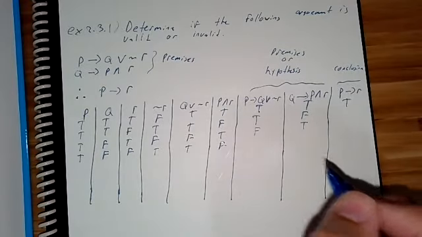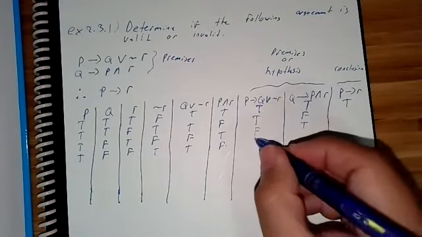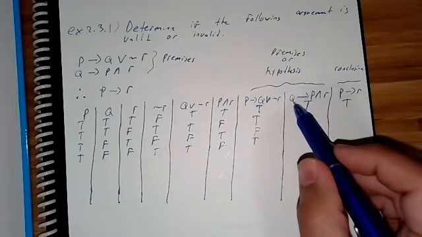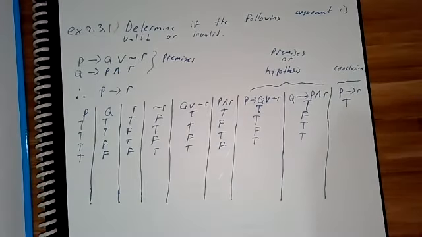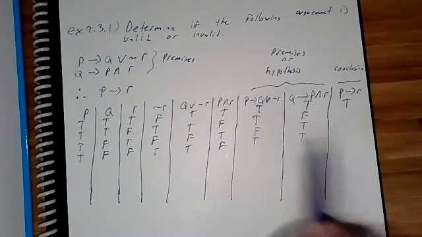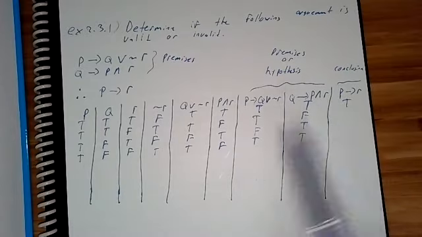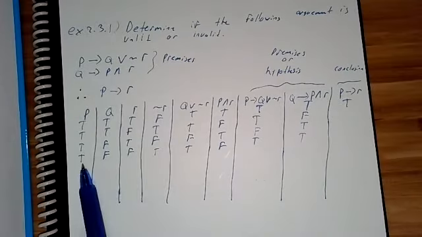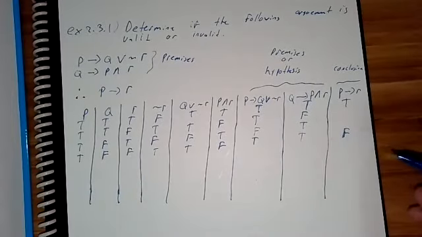This would be true implies true, so that's true. Actually, false implies, if it starts with false, it's going to be true. Let's check. So now they're both true. So let's check if this is false or not. P implies R, that's false. So this is what we're looking for.